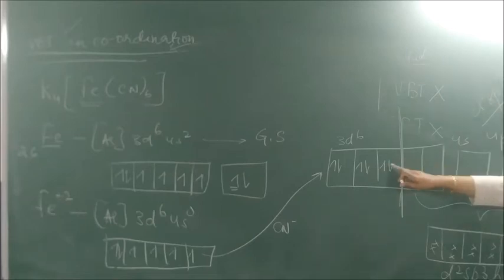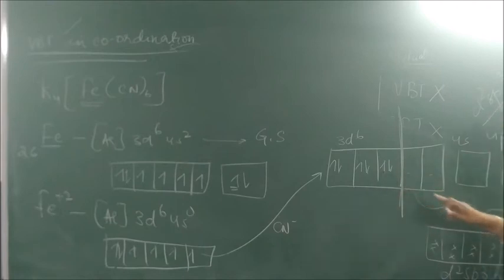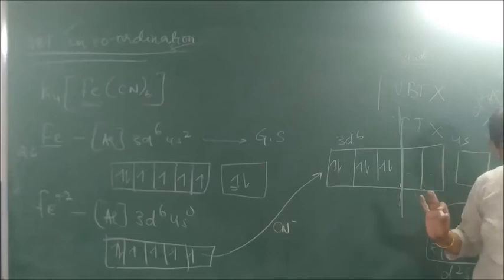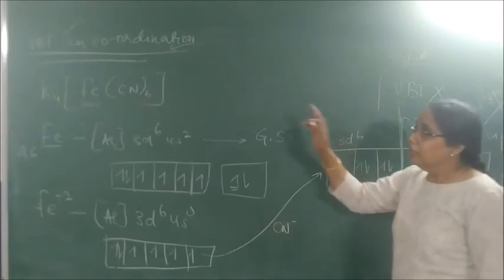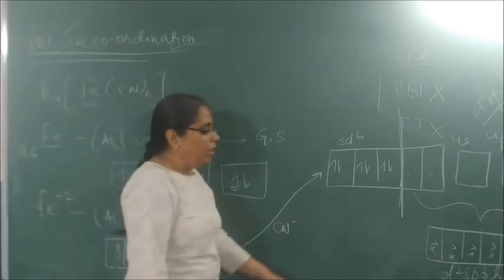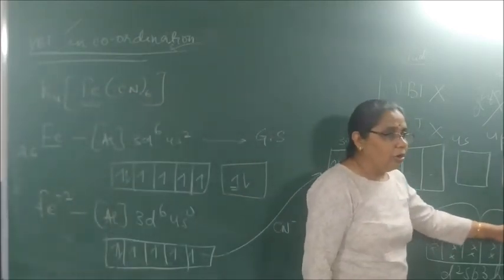I have shown the metal electrons by arrows. I have shown the ligand electrons by crosses. So these are the electrons donated by the ligand. These are the electrons of the original metal atom. Clear? Understood? So the coordination number should always be equal to the number of vacant orbitals.